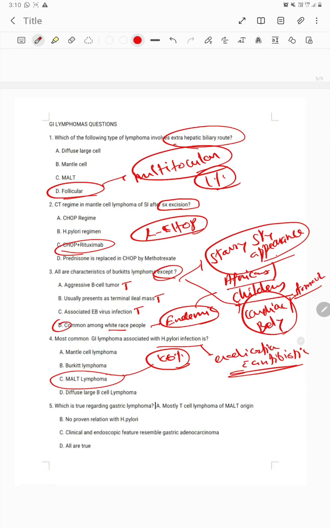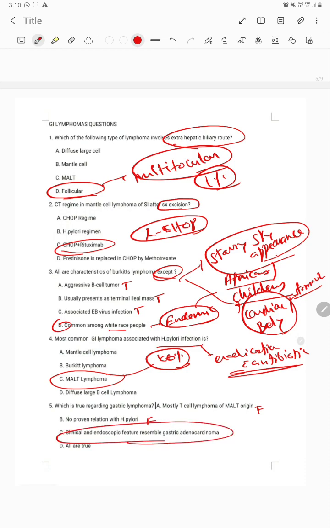Which is true regarding gastric lymphoma? Mostly T cell lymphomas of MALT region. No. No proven relation with H. pylori. No, there is a proven relationship with H. pylori. Clinical and endoscopic features resemble gastric adenocarcinoma. This is true.